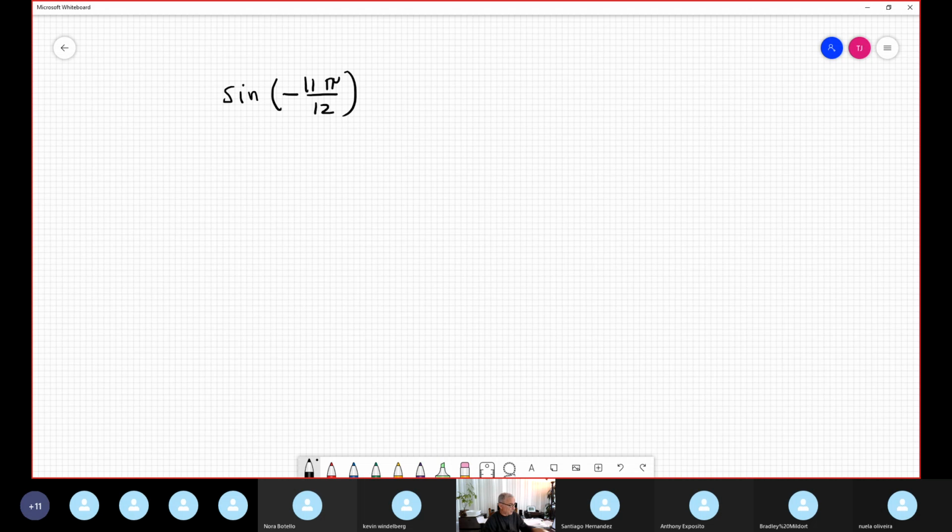Wow, at the beginning I'm confused. First of all, the negative sign. Remember that I always say you shouldn't be frustrated by the negative sign because you apply the even-odd property. I know that sine is an odd function. So you put a negative sign of sine of 11 pi over 12.